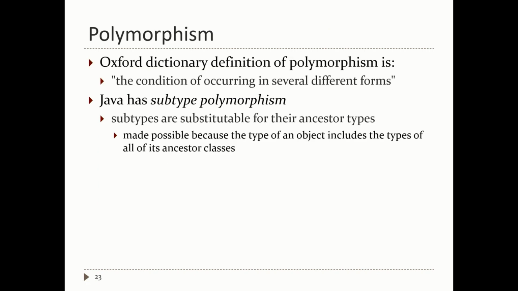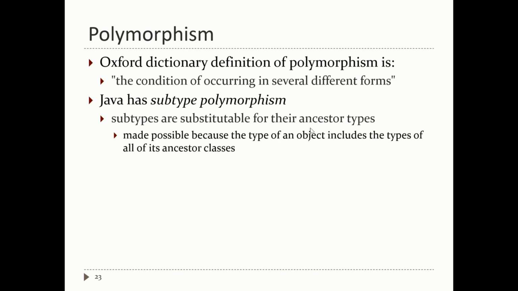So the notion that an object can have more than one type is related to this idea called polymorphism. If you look up the definition in the dictionary, it says that it's the condition of occurring in several different forms. And so Java has what's called subtype polymorphism. Subtypes are substitutable for their ancestor types.